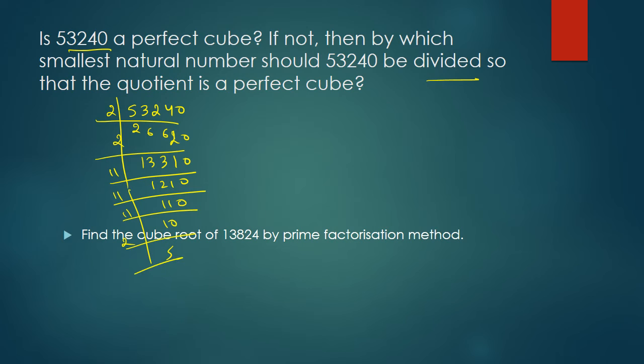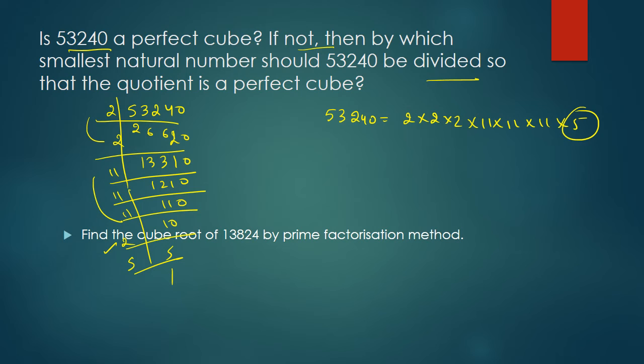Two 5s are 10, 5 1s are 5. So you can see that only 11 is making a triplet, and 2 is making a triplet, but 5 is not. So it is not a perfect cube. But what should be divided then? Obviously 53240 is 2 into 2 into 2, 11 into 11 into 11 into 5, and this 5 is restricting it from making a perfect cube.